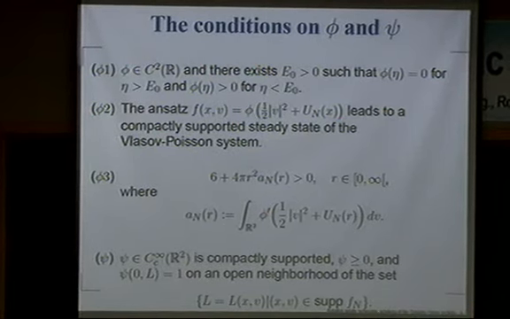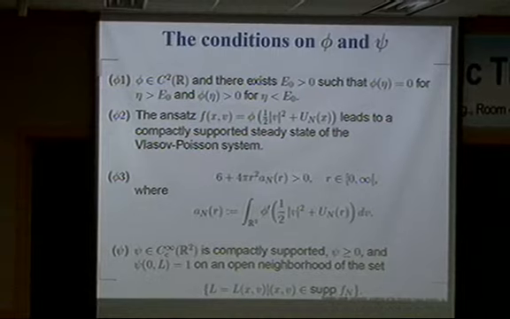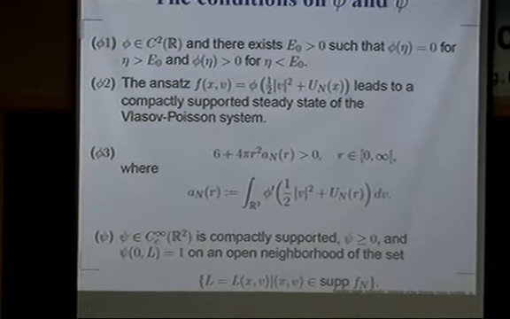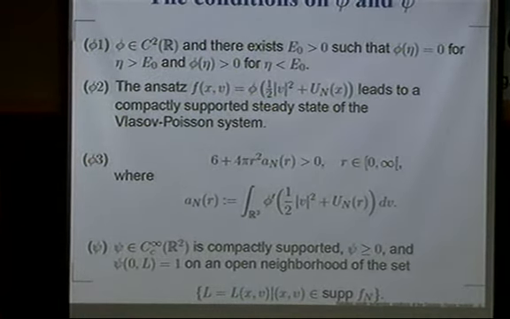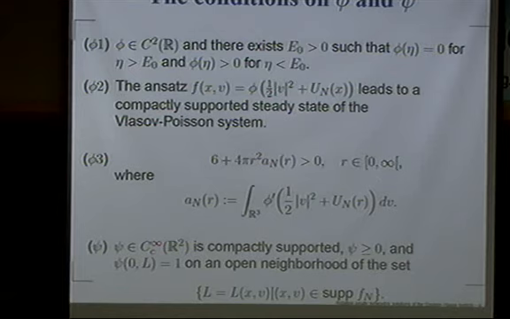So this is very essential, and one central part of the proof is to show that there really are steady states to the Vlasov-Poisson situation satisfying this relation. And for the psi, we just say that it should be compactly supported, and if lambda is equal to 0, it should be 1.